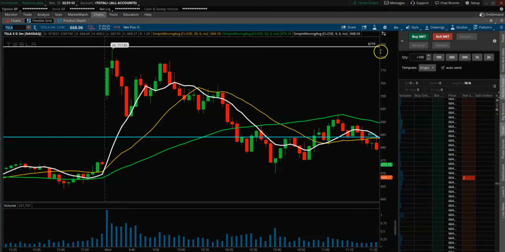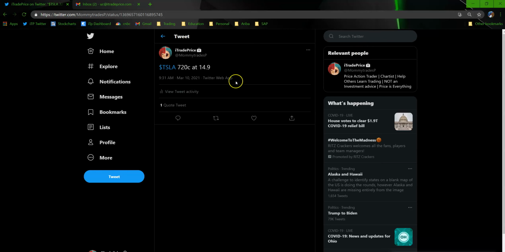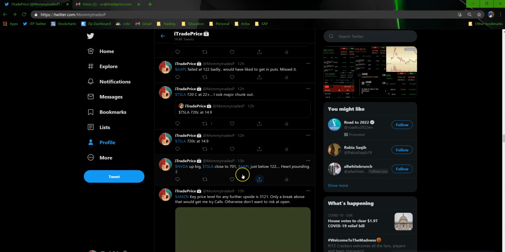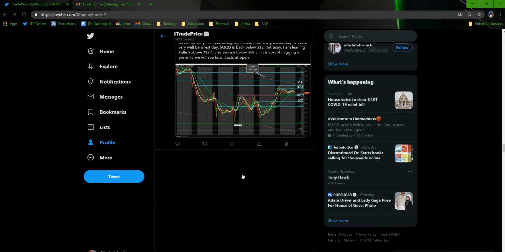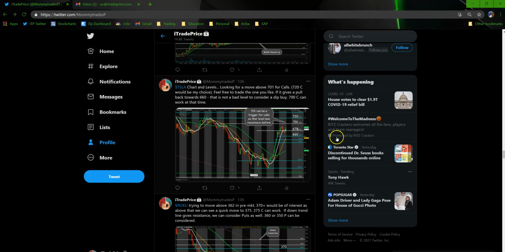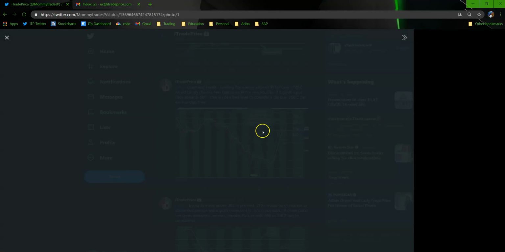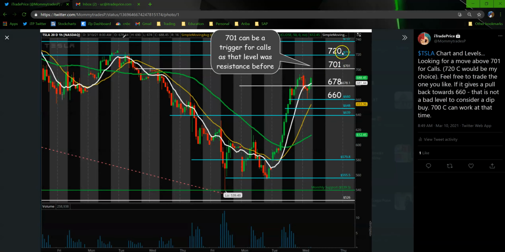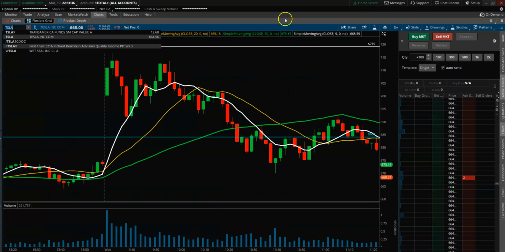719 was the level, right? I think I had mentioned on the chart as well that 720 is the level. So if you had that level on your chart, you would know that that's a resistance level, right? Here's the chart. 719, 720, right? So take or trim some profits right there once the chart moves there.